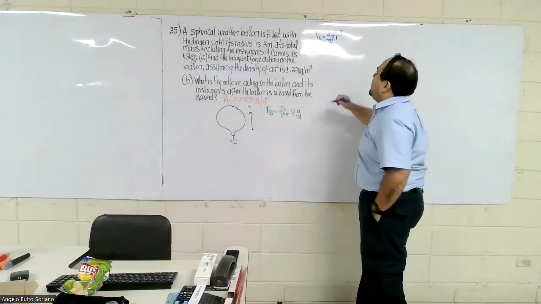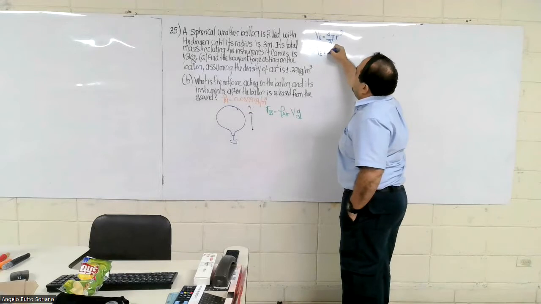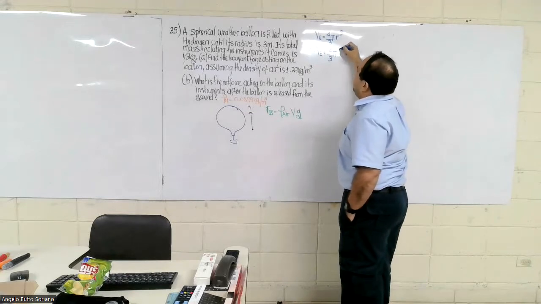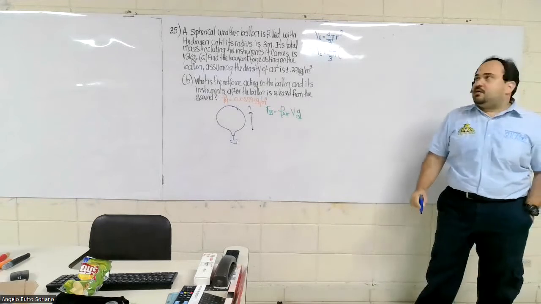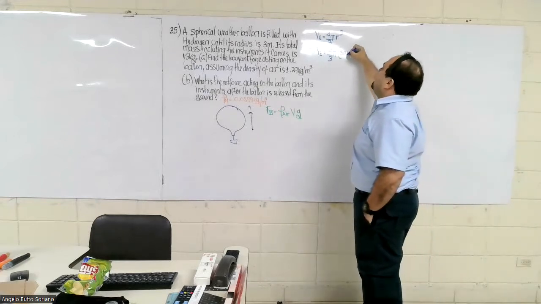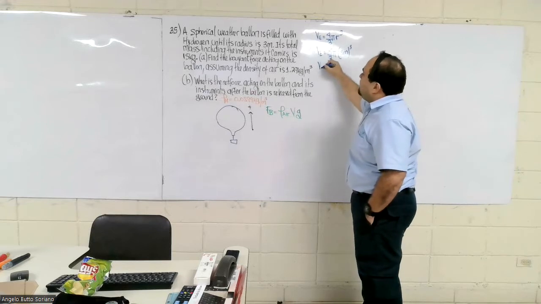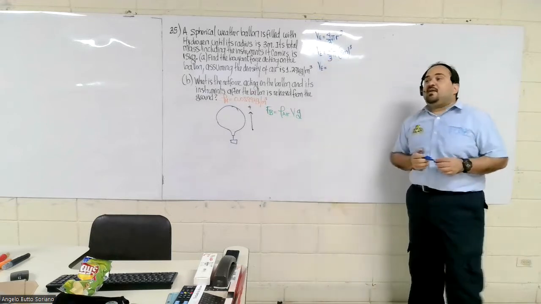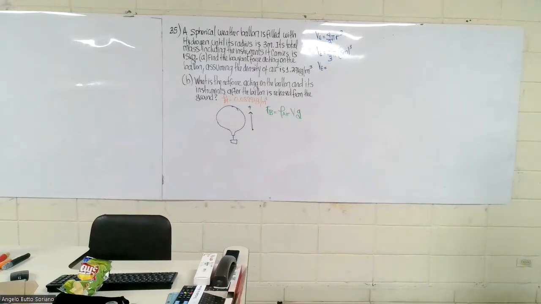Now let's replace the values. It will be 4/3 pi, and the radius is 3 meters, at the cubic power. So the volume of the sphere will be 4/3 pi times 3 cubed.